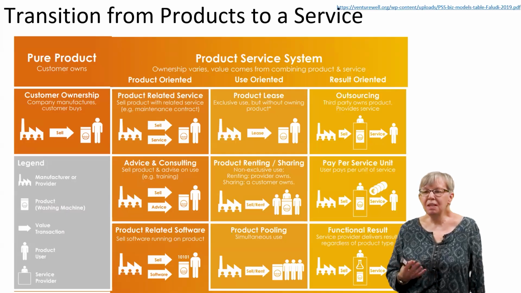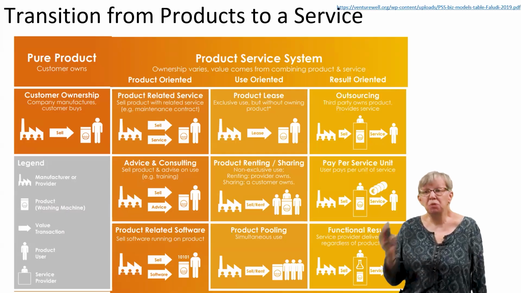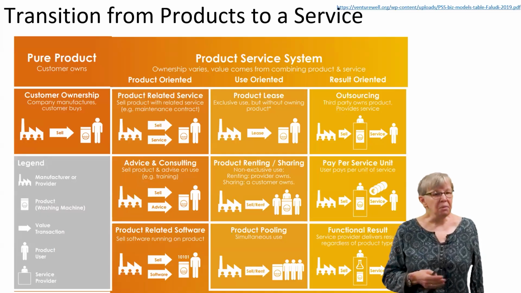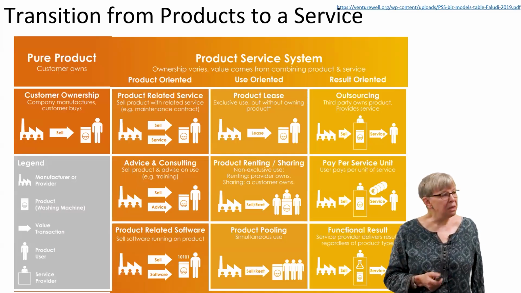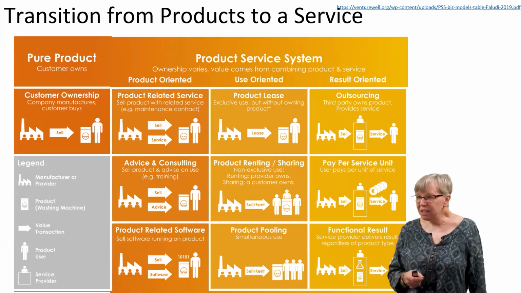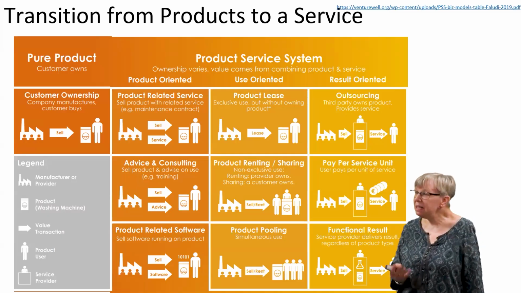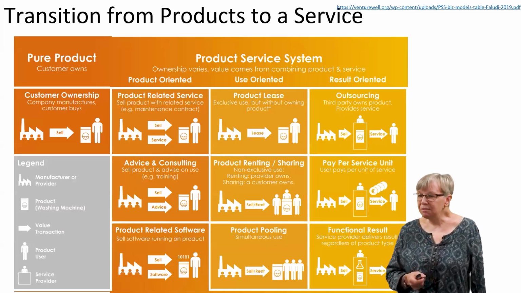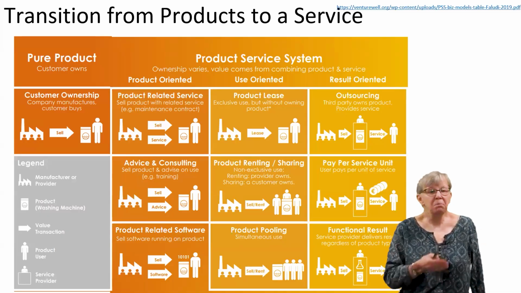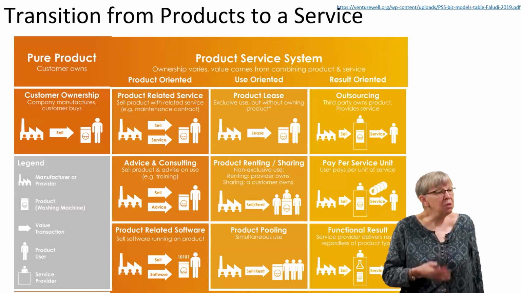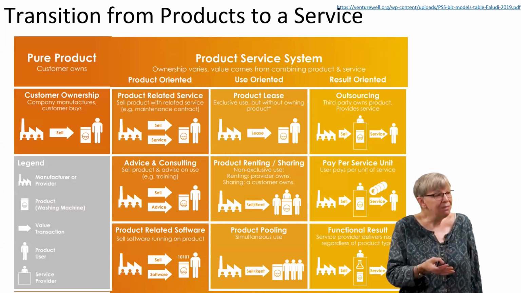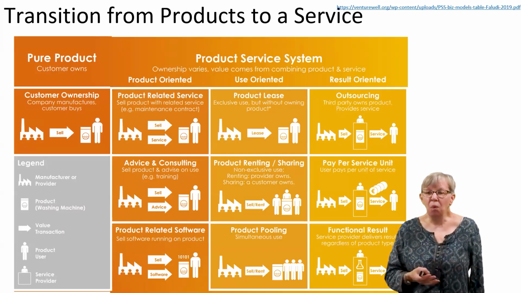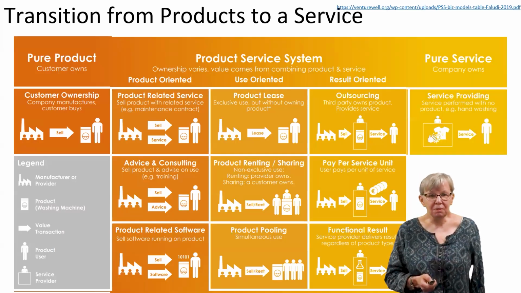So those sorts of things that help to enable the sharing and the reuse are one way to transition towards a circular economy: think about a service instead of a product that somebody owns. You are still providing the function, but the individuals do not need to own the material goods.